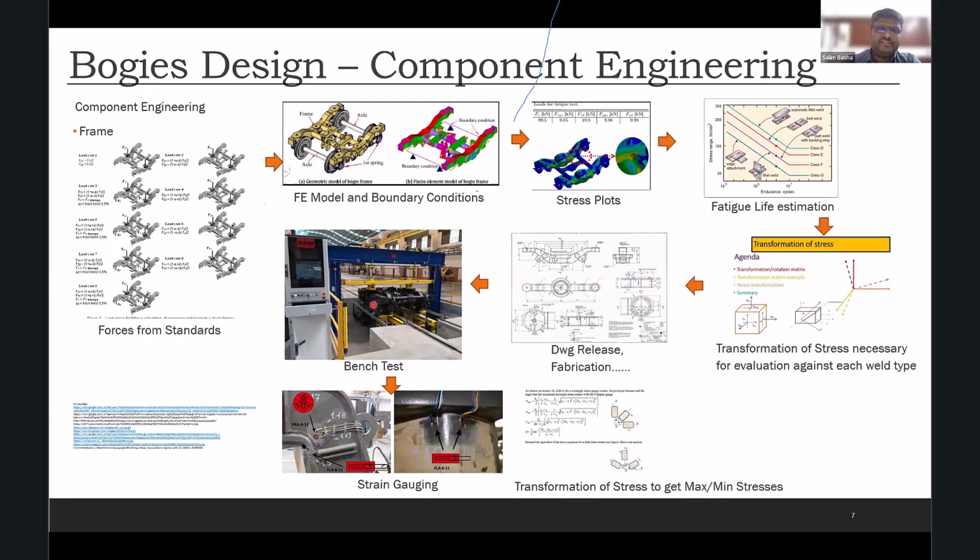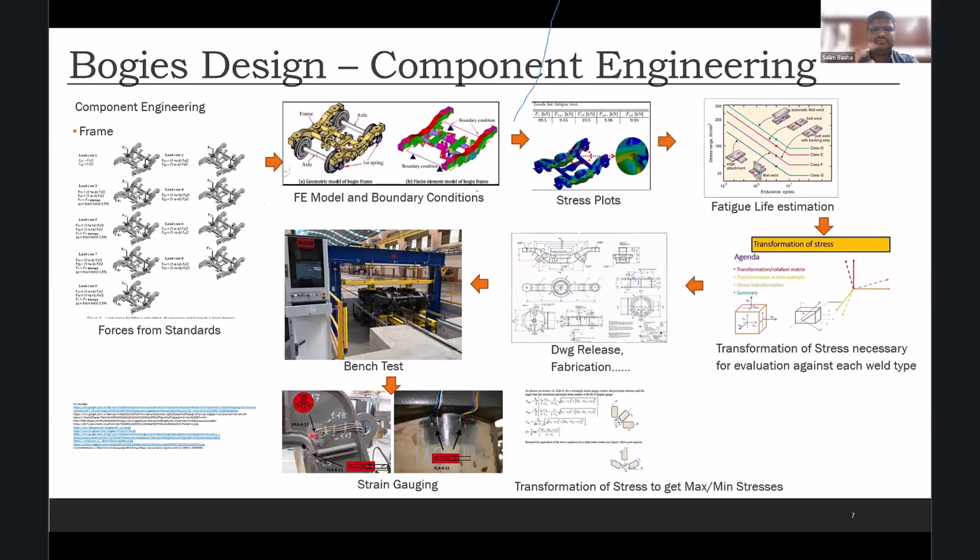And if the frame is not failing post that test, we can say that this frame may never fail in the field. So we put it under a bench. You can see that this bogie has been placed here. Some hydraulic jacks are placed here. They apply the load, all the dynamic loads which will come onto this frame. And we also measure the stresses. We put some strain gauges at the critical locations as defined by the FEA analysis.